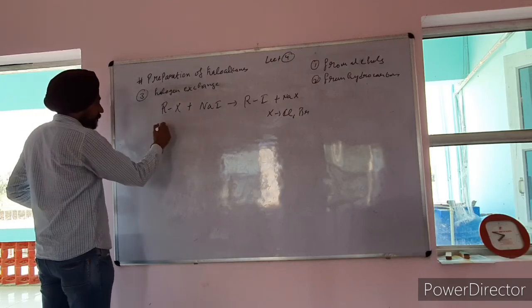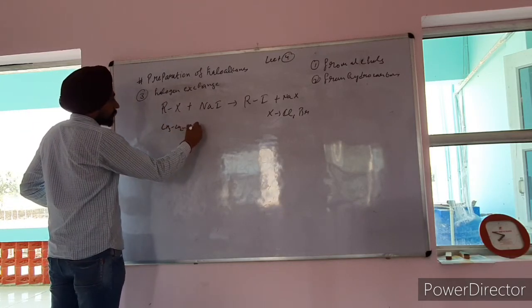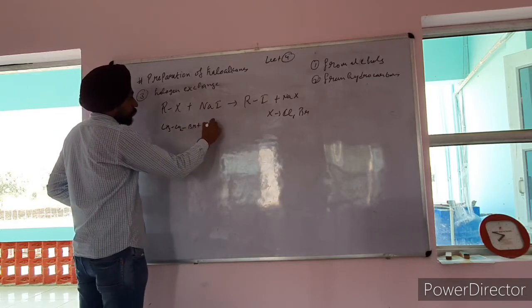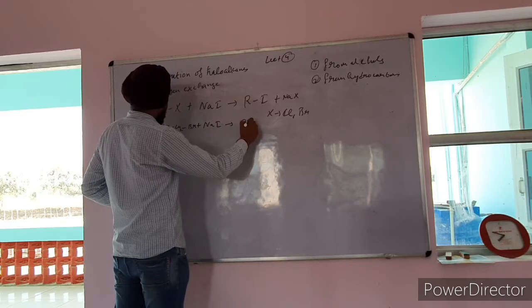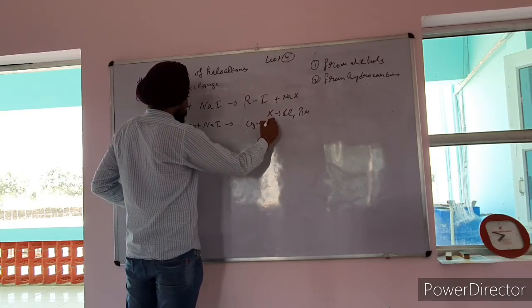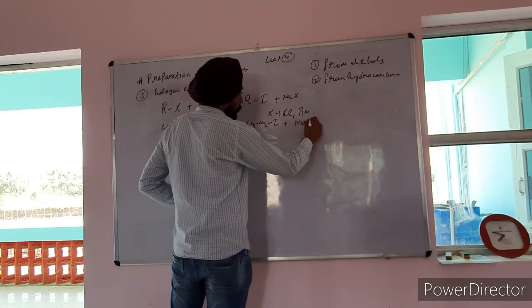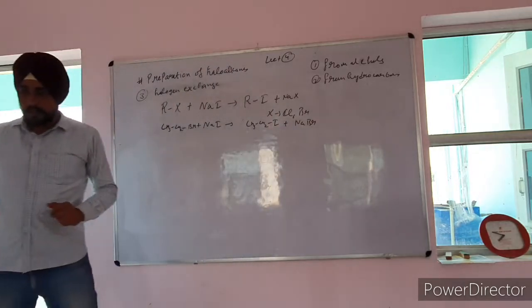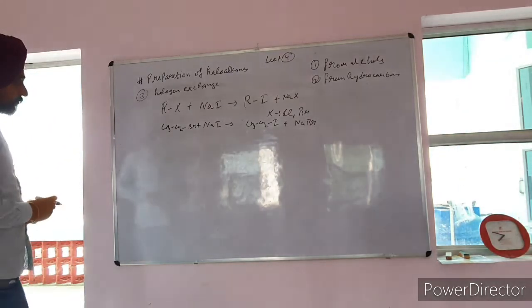Okay, for example, CH3CH2Br with sodium iodide gives the reaction CH3CH2I plus NaBr.